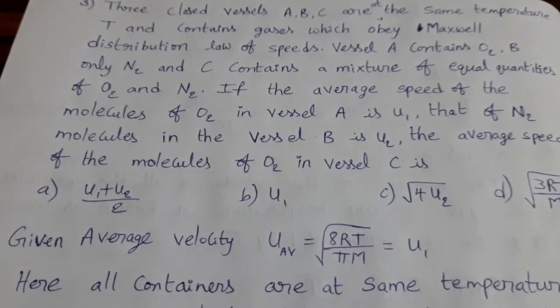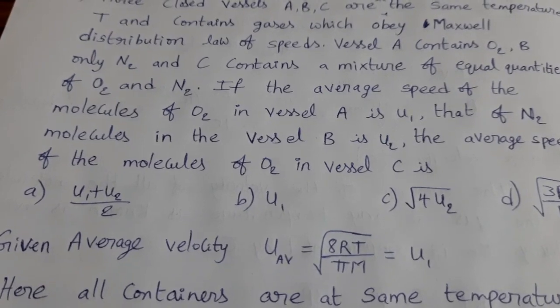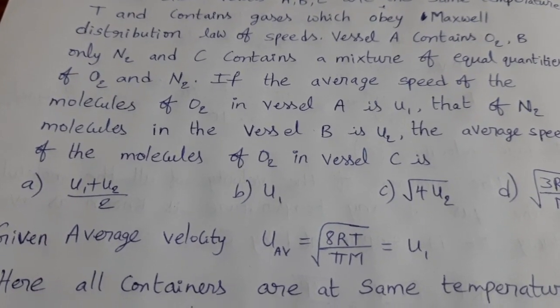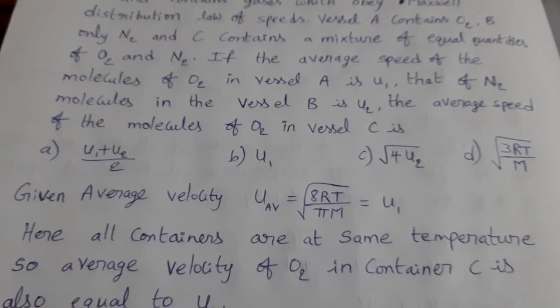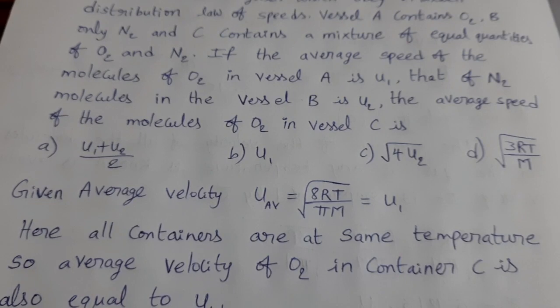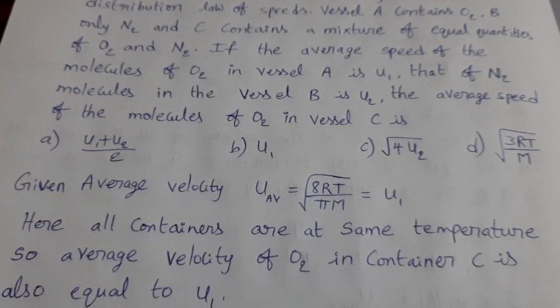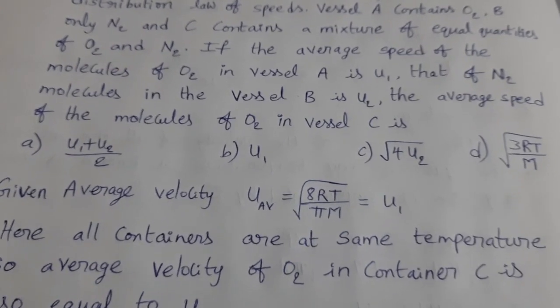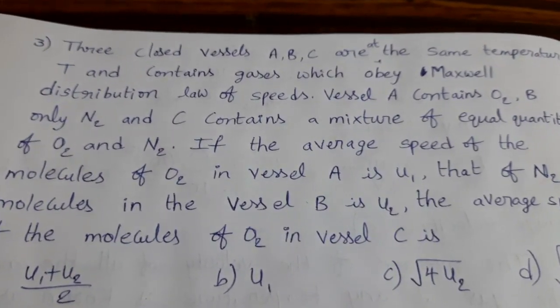Given average speed U_av equals square root of 8RT by pi m, that equals U1. Here all containers are at the same temperature. So the average velocity of O2 in container C is also equal to U1. Simple. No calculation here, because all 3 containers are at the same temperature.